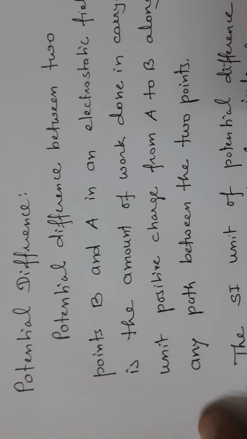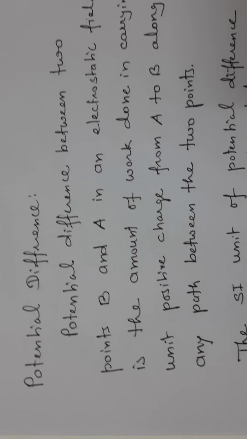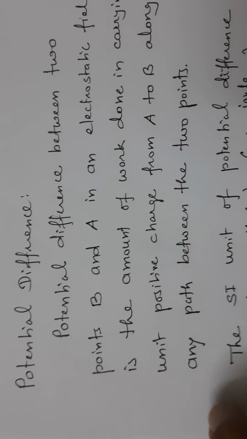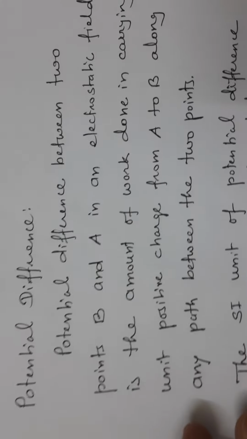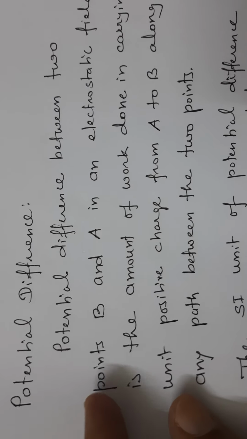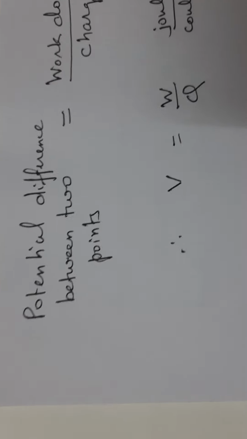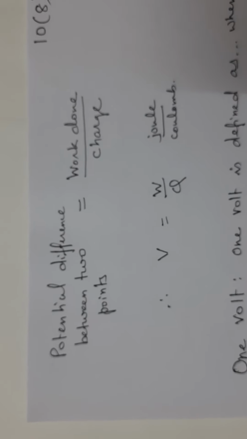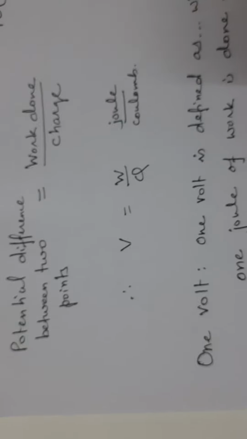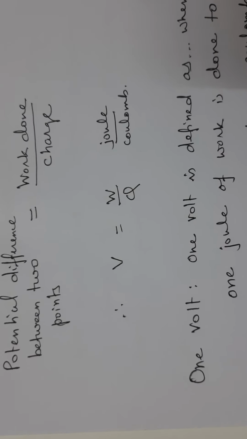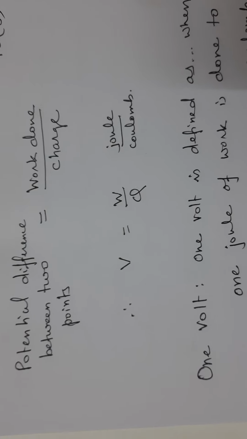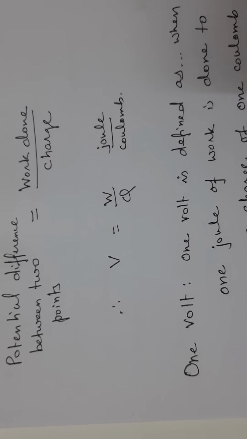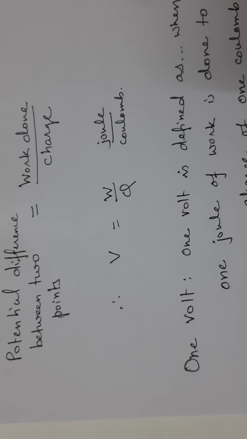The SI unit of potential difference is also volt, joule per coulomb. Potential difference is equal to work done upon charge, therefore V is equal to W upon Q, and that's why volt can also be expressed as joule per coulomb.